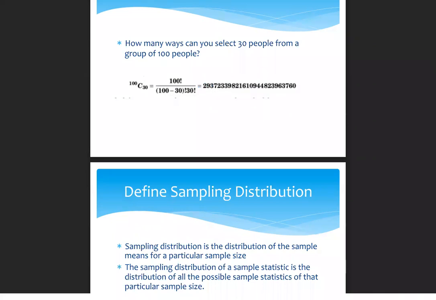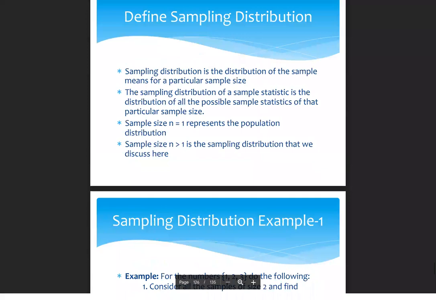Now, let's elaborate a little more on the sampling distribution definition. A sampling distribution is the distribution of sample means for a particular sample size. I gave a more narrow definition in the first case, so I want to elaborate on this.